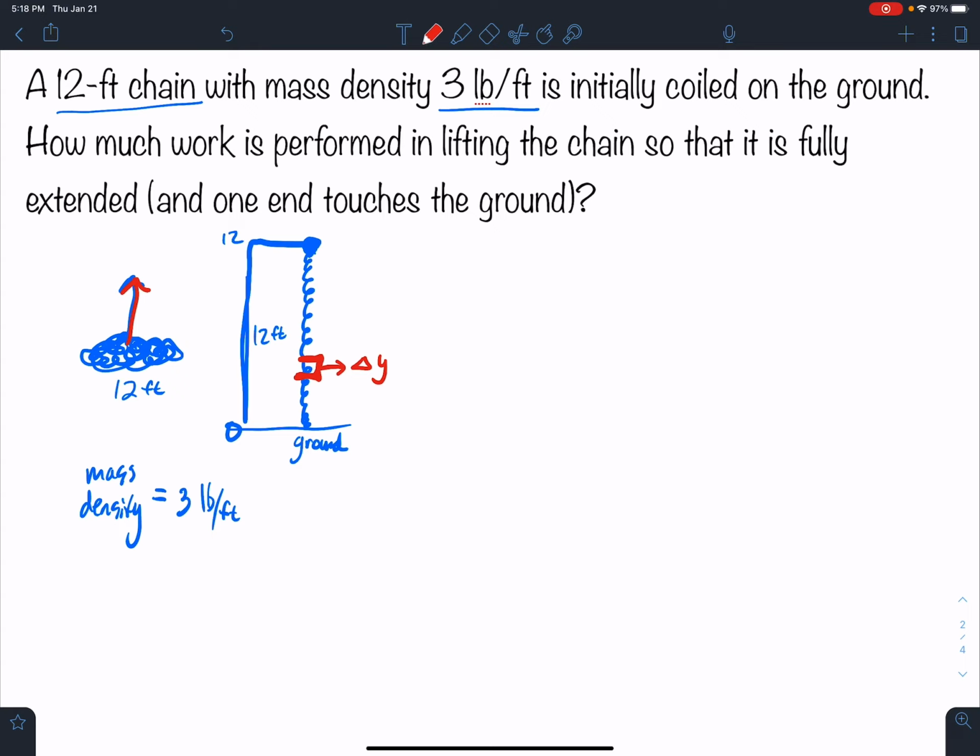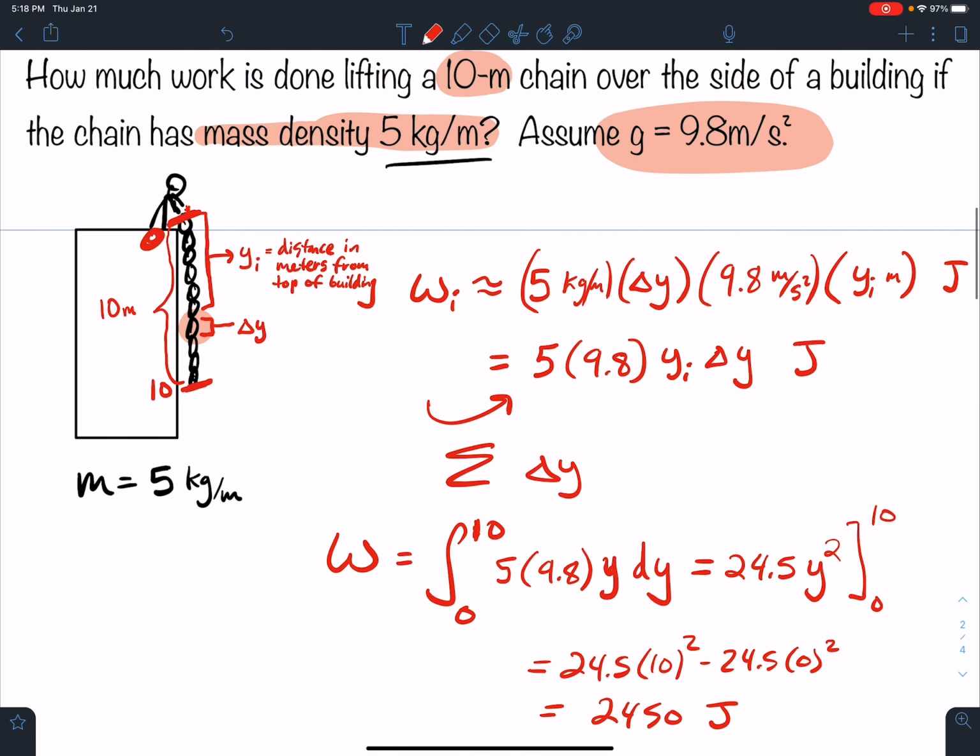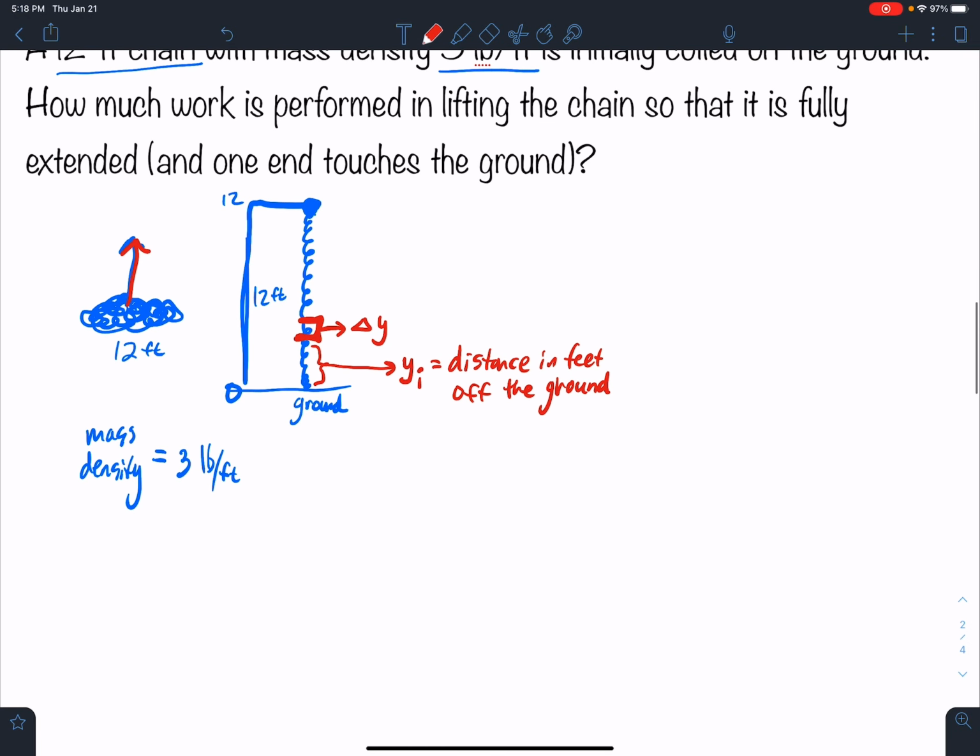So I'm going to let this distance here represent yi, which is the distance in feet off the ground. So I'm lifting it up off the ground, instead of it already being in the air like we were doing for that previous problem.